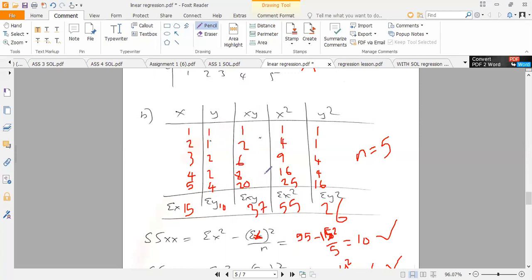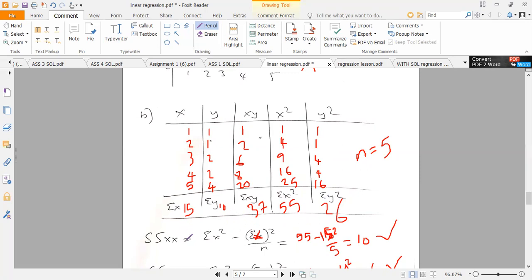So when you put these values here, x squared, when you're squaring each individual here, these are the values. Y squared, when you're squaring these values here, and the totals are key. So we have 15, 10, 35, 55, and 26. So these are the values.